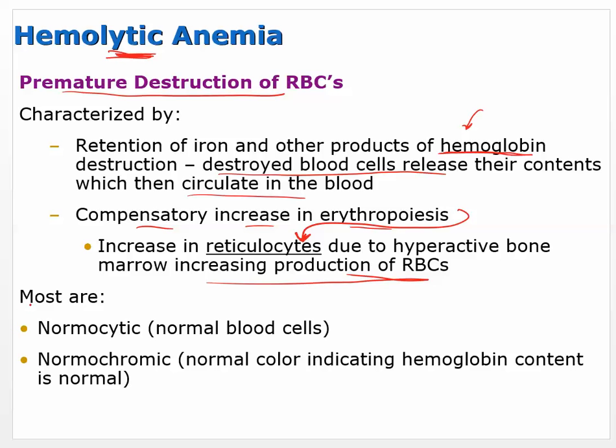Most, the book, or I said in class, that they are normocytic. Most are normocytic, normochromic, sorry, because the ones that we're primarily going to be talking about do interfere with the shape of the cell, but for the most part, hemolysis is going to just be the breaking of red blood cells.